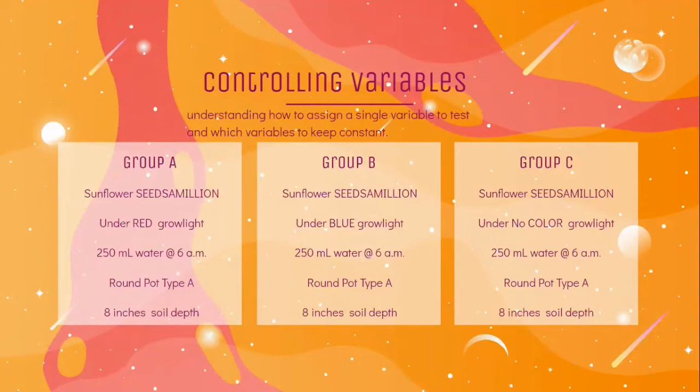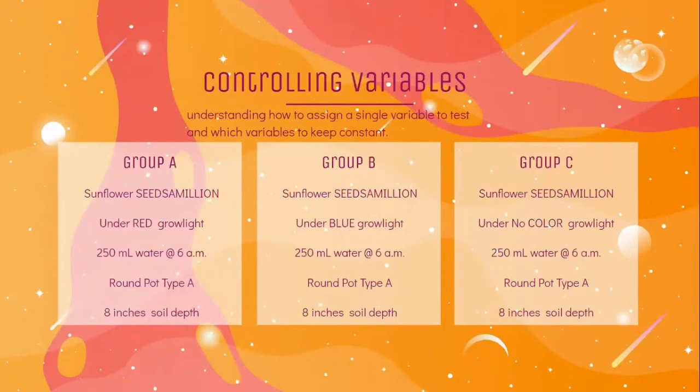And so, for example, you could devise a particular experiment into different groups. And so all of the samples in group A are going to be the sunflower seeds a million brand of sunflower plant that you're trying to grow in an experiment. And then you're going to use a grow light to help grow the sunflower, maybe in a greenhouse or inside somewhere.